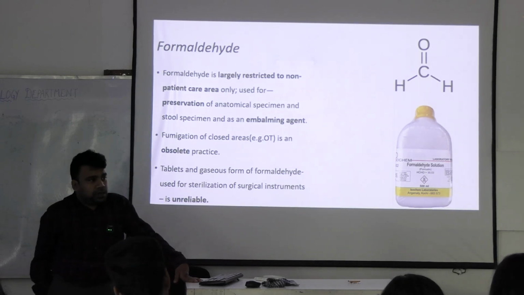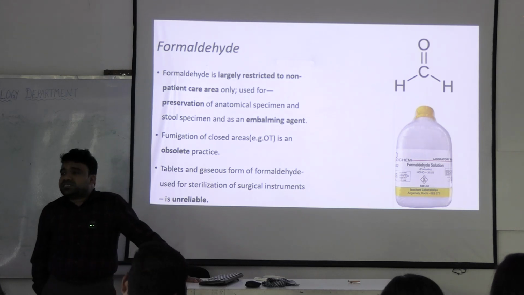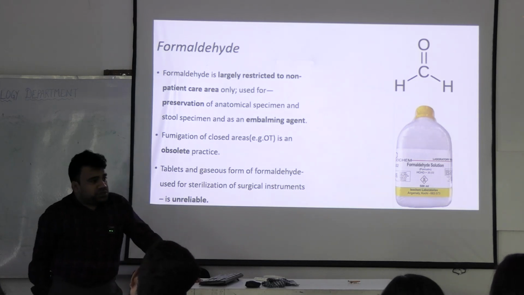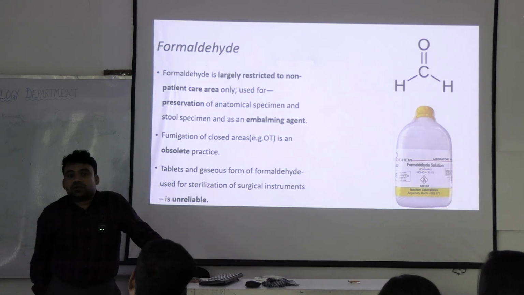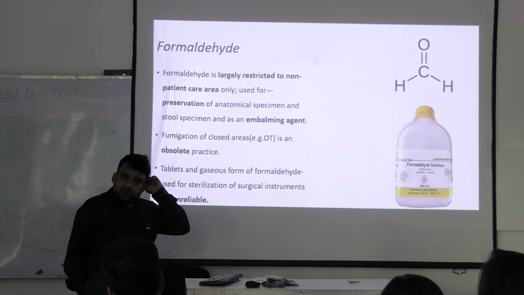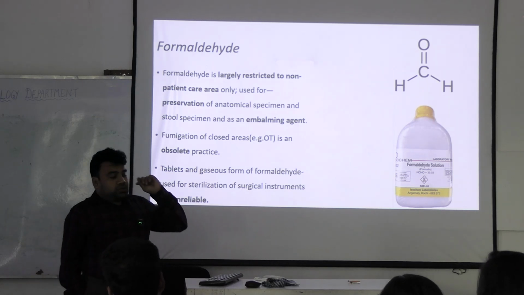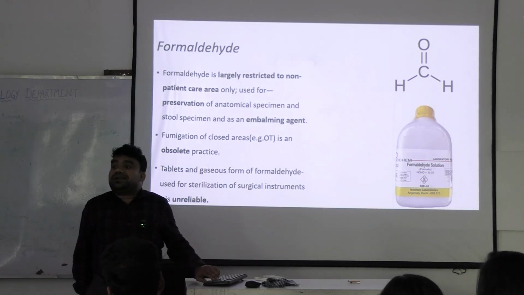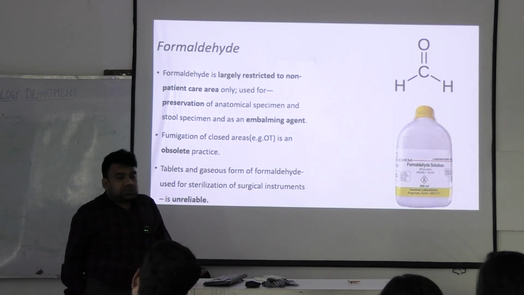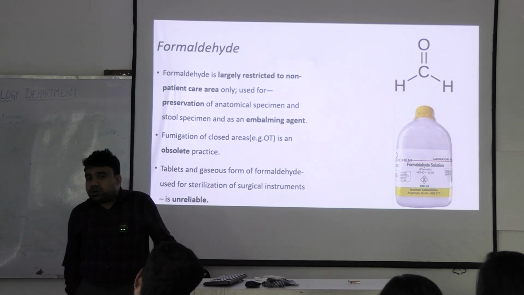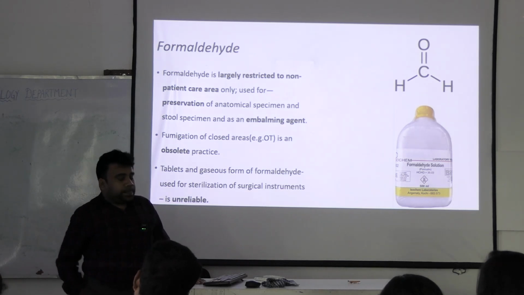One is glutaraldehyde, another is ortho-phthalaldehyde. Glutaraldehyde is extensively used, can be used for semi-critical items. What are semi-critical items? Which come in contact with mucous membrane, for example, endoscope. And for glutaraldehyde, you need to know that at least 2% concentration should be used for a contact period of 20 minutes for viable bacteria.